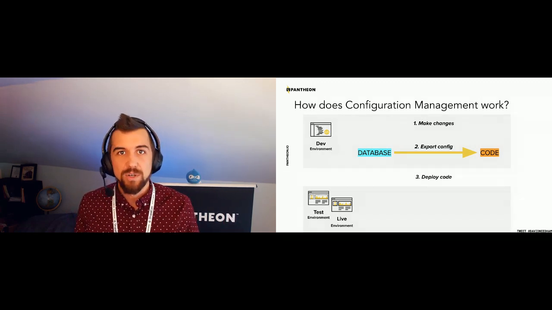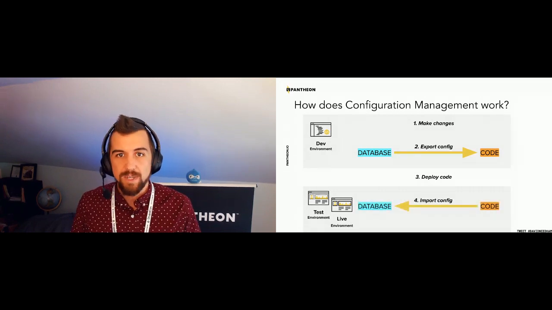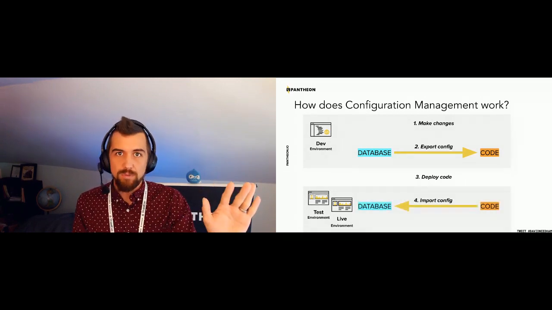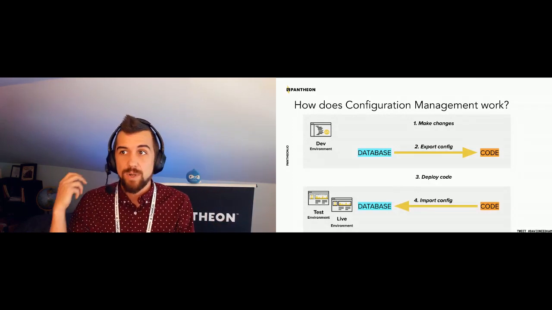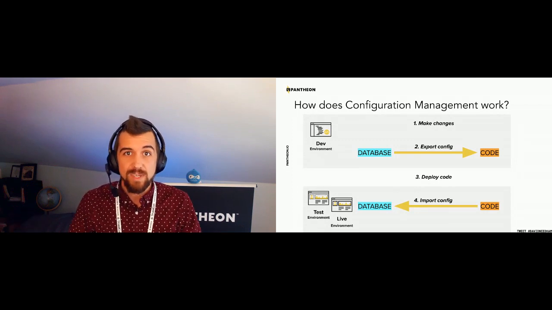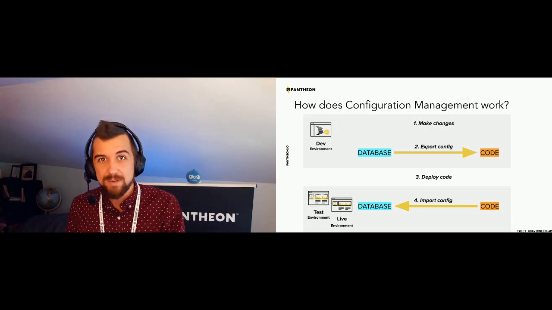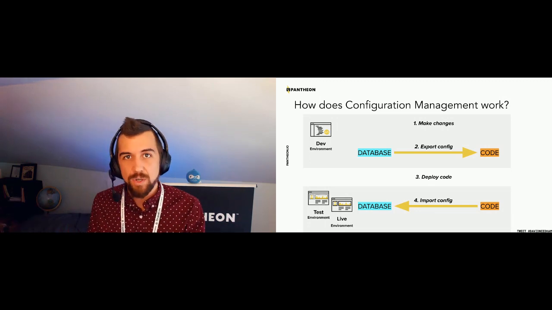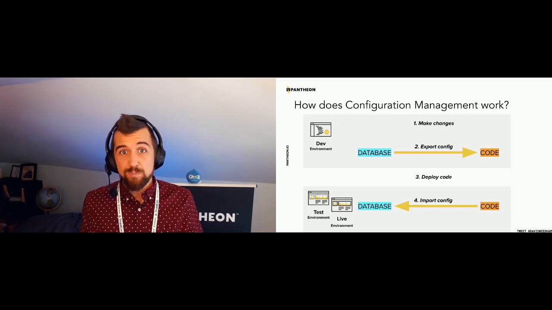We deploy our code then from our dev environment up to test, and then we import config. And now this is saying, hey, Drupal, overwrite the configuration that you already have in the database with what I have in my code. So it's going the opposite direction as the previous example. So it will overwrite anything that's already been saved in the database with what you have in your code as an exported configuration. And that works pretty well.